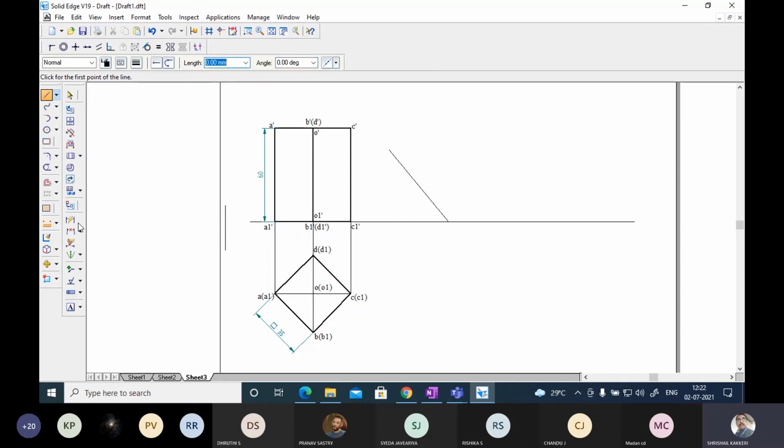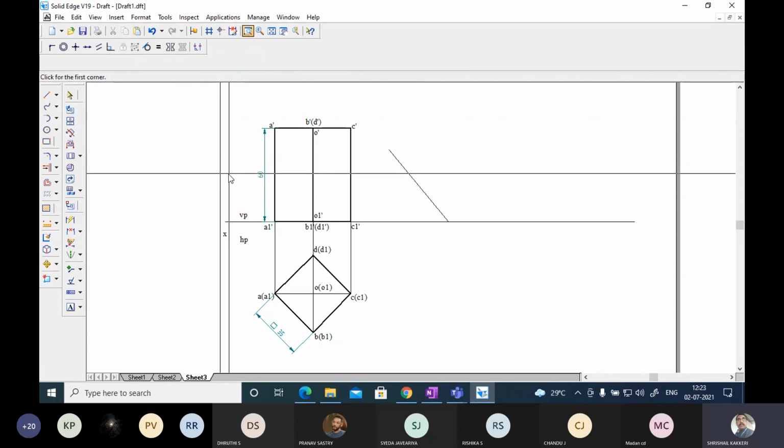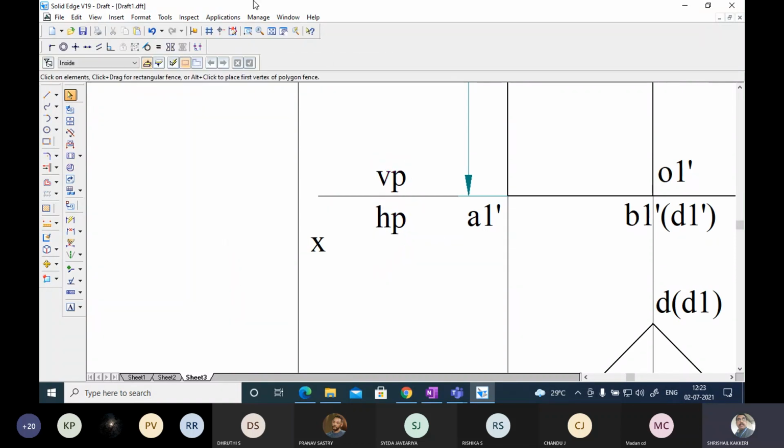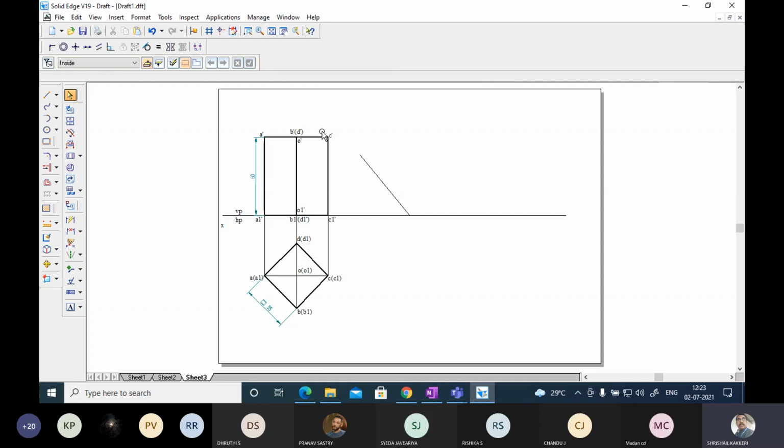And the initial important thing is that you have to write HP, VP and all these, XY. So X initially you take, this is X, and this is vertical plane, and this will be the horizontal plane. Keep that neatly. The initial positioning is over.